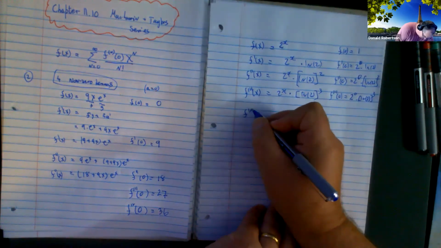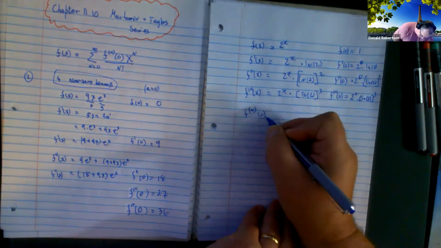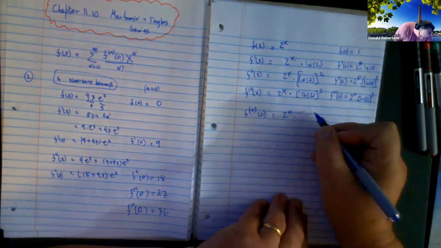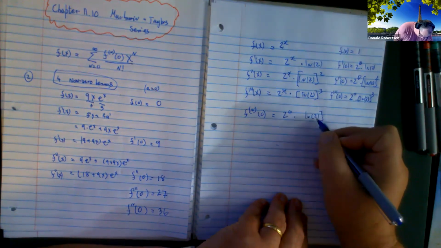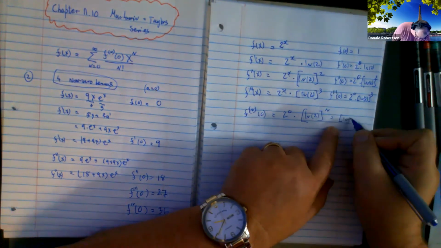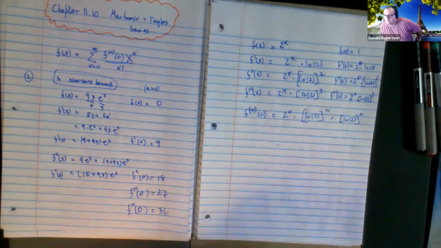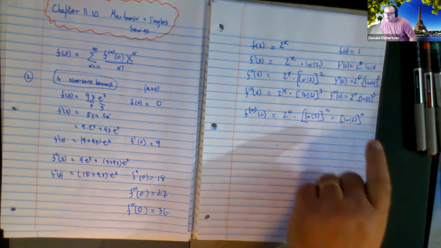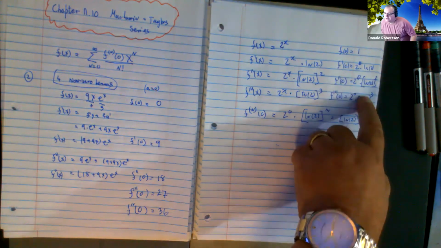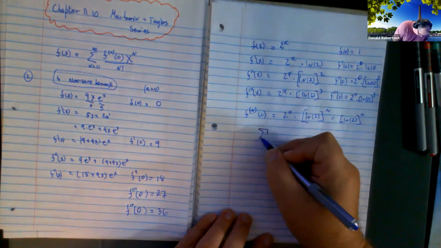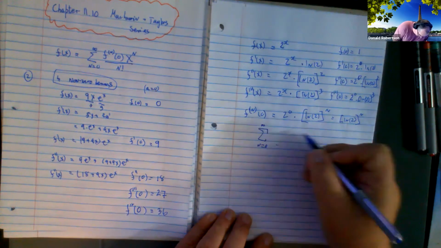So if you want to find the nth derivative at 0, would you agree it's 2 to the power of 0 times the natural log of 2 to the power of n, and 2 to the power of 0 is 1, so you get the natural log of 2 to the power of n. Didn't that come out really cleanly? I know I'm very fast, but I'm kind of short of time now. Be comfortable about that? After 3 or 4 derivatives, you see a pattern. So the Maclaurin series, n equals 0 to infinity, is this guy.